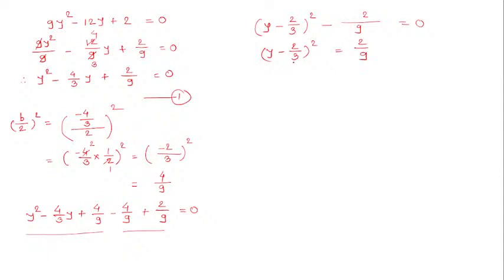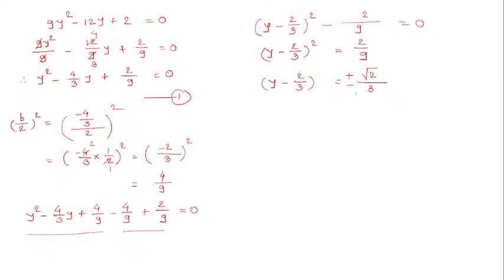Now we have to find the square root. So taking square root on both the sides, we have y minus 2 by 3, because square root and square will get cancelled, that is equal to, 2 is not a perfect square, so that should be in the square root sign, divided by 9 is a perfect square and it is a perfect square of 3. And as we are taking the square root, we should consider both positive and negative signs.